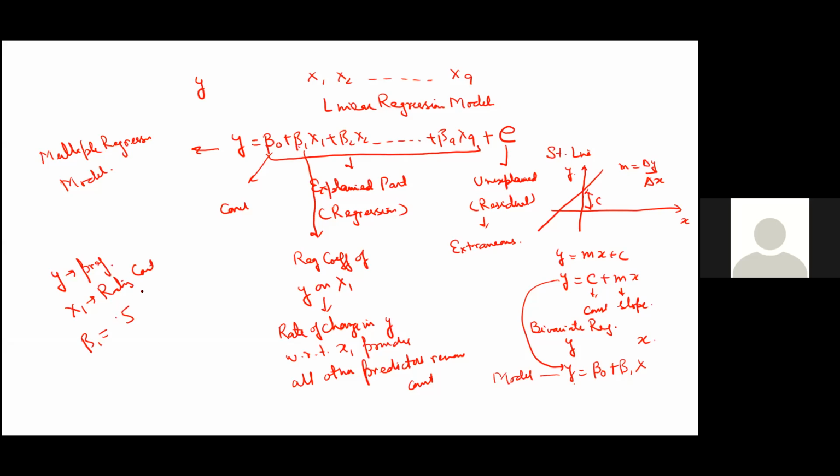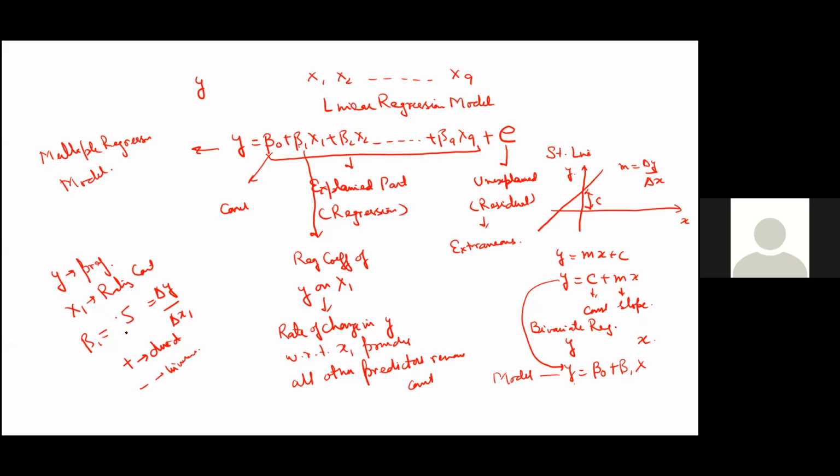So 0.5 is actually delta y over delta x1. It means if we make a unit change in the rating of the count, then our preference will change by 0.5. Here, the sign may be positive. If the sign is positive, we have a direct relationship. If the sign is negative, we have an inverse relationship.